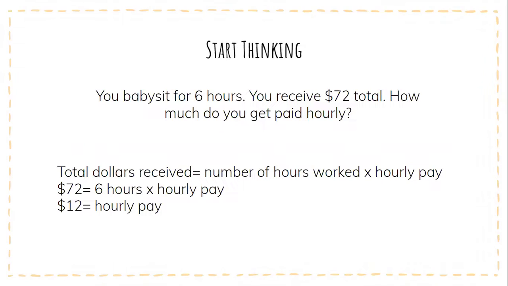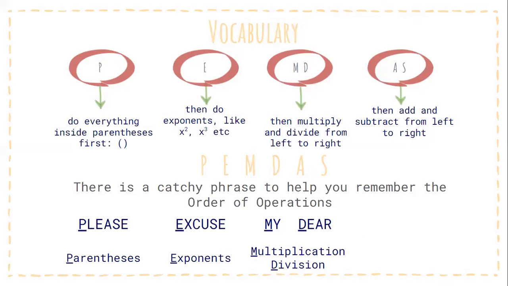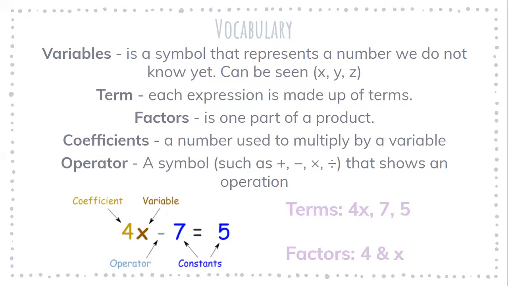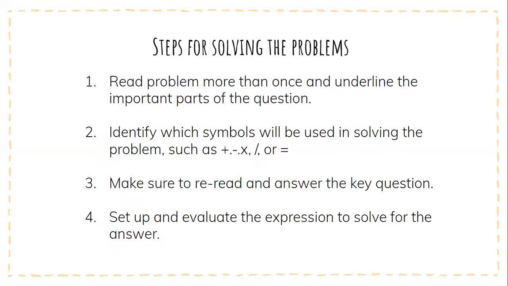If I move back to our review, we know our coefficient and our variable. So this one is going to have coefficient variable, then a plus sign, and then another coefficient variable, and then we'll equal our constant.